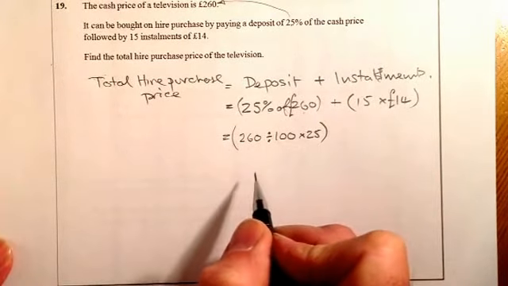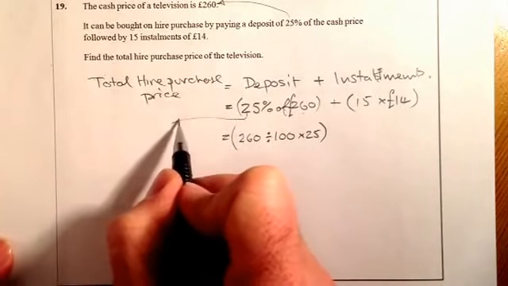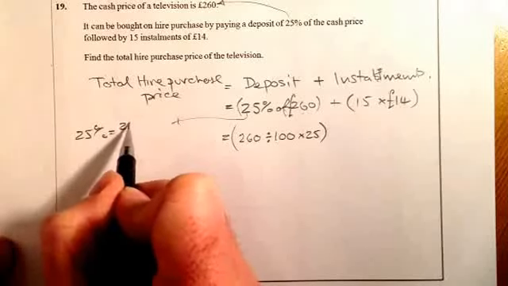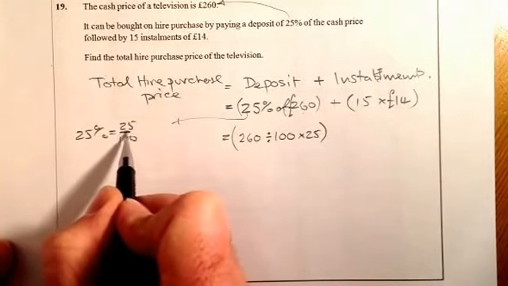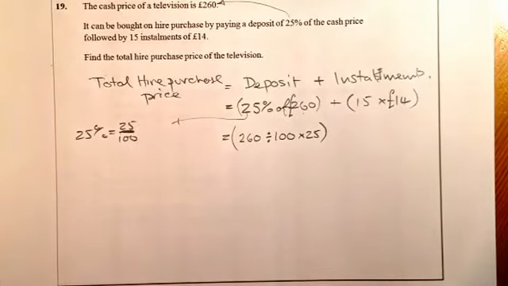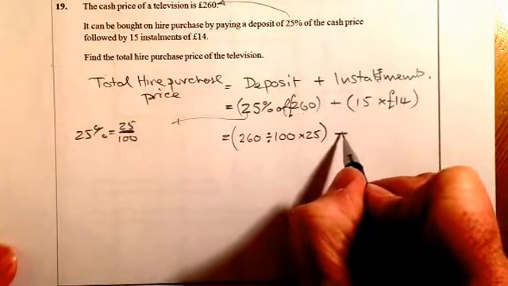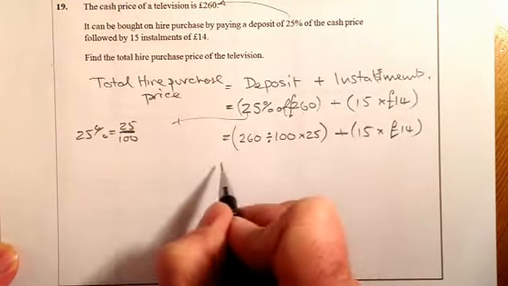The reason why I'm doing that is because 25% is the same as 25 over 100 as a fraction. That's a dividing line there, so I'm just dividing by 100 times by 25. I'll work the other bit out later, and that should give me my total.